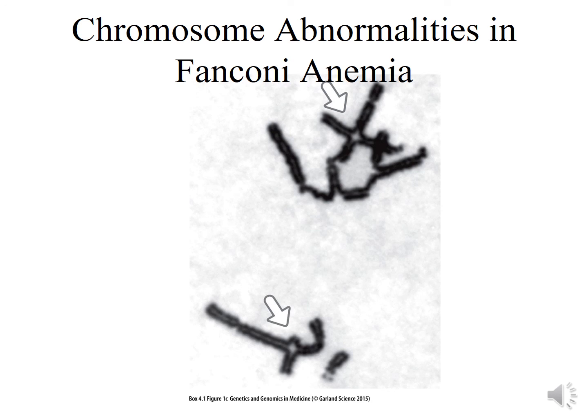Lymphocyte cultures are treated with diepoxybutane or mitomycin that induce DNA interstrand crosslinks, and chromosomes are then analyzed for the evidence of chromatid breakage, which would produce characteristically abnormal chromosome fragments, as shown in the figure here.